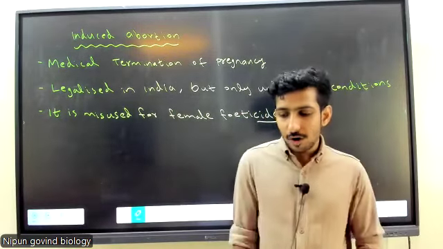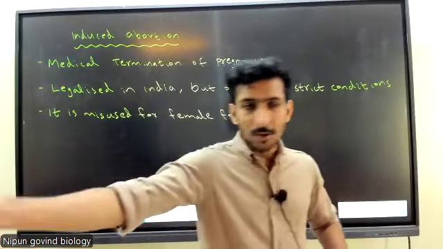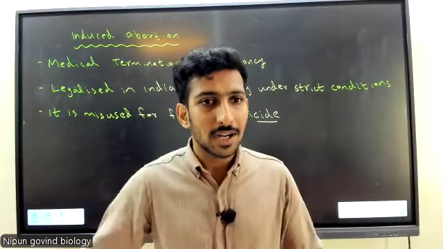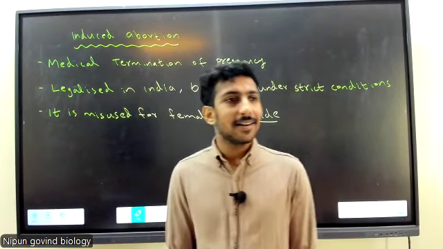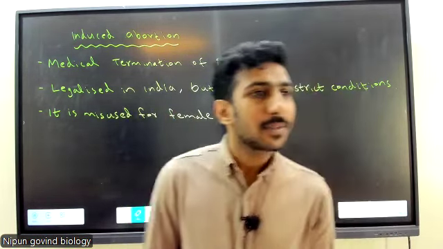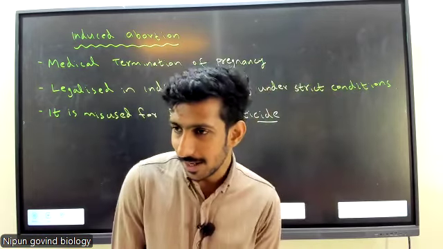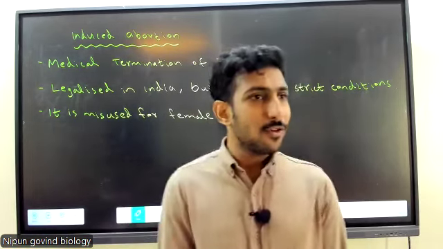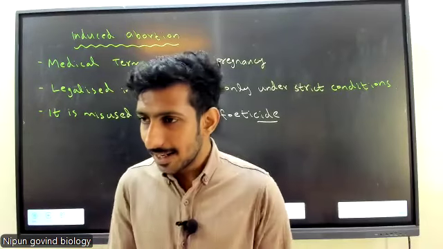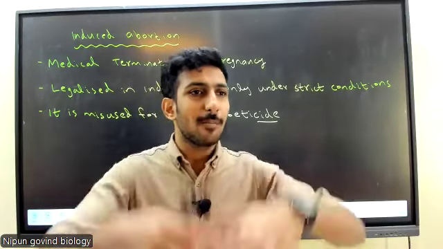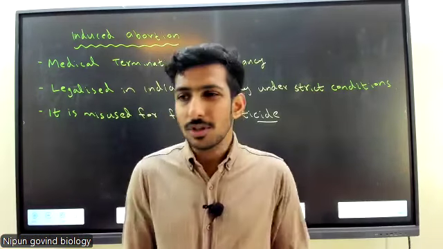In India in older days, you know, there was a system called dowry. Dowry means giving money. If you have a daughter, at the age of her marriage, you have to spend a lot of money on her marriage. It's a too costly process.